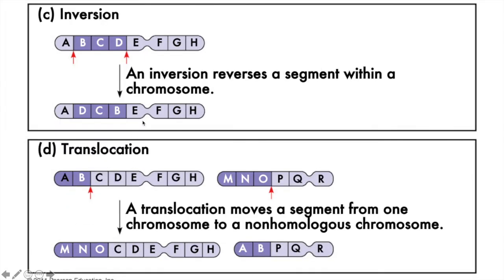In an inversion, the segment BCD is flipped around and the resulting chromosome goes from ABCDE to ADCBE. And finally, in a translocation, part of one chromosome can be exchanged with another chromosome.